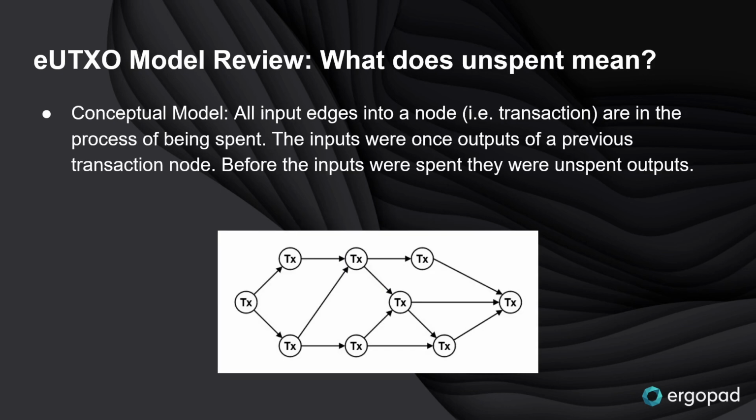So what does unspent mean? Each input edge into a transaction was previously an output from a previous transaction. Before the inputs can be spent and used in a transaction, they were unspent outputs from a previous transaction.